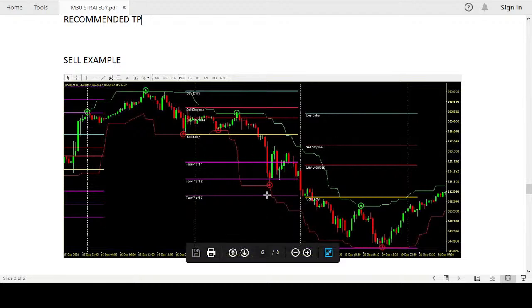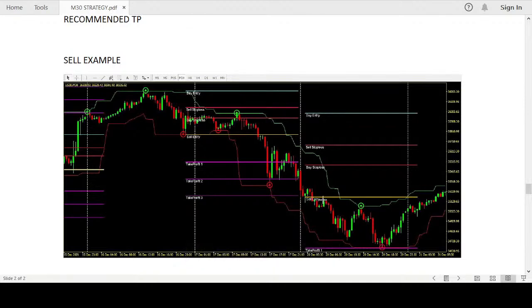Very easy. Another thing to note in this particular example: the market continued to drop and painted another red circle dot, which told us to get ready for more sells. As the market progressed, it went up a bit, came back down, and the system painted some more levels. As the market dropped, it triggered the next sell.